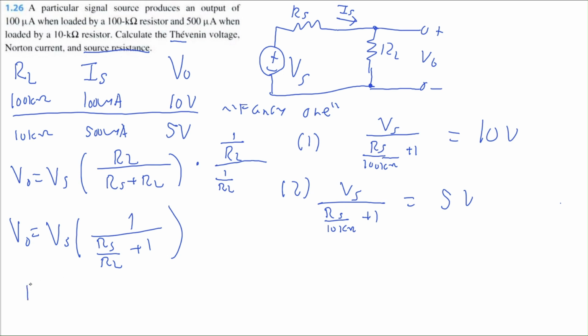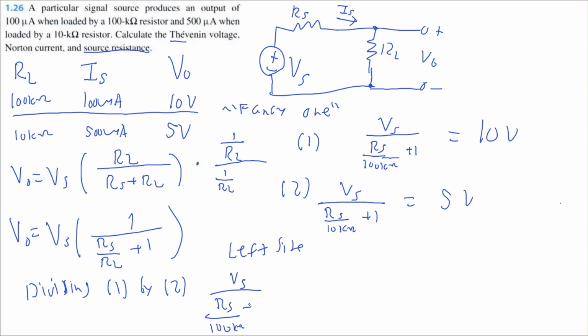So we're going to start by dividing equation 1 by equation 2. So on the left side, we will have this fraction divided by this fraction. So we're dividing VS divided by RS over 100 kiloohms plus 1. When we divide two fractions, we can just multiply by the reciprocal, right?